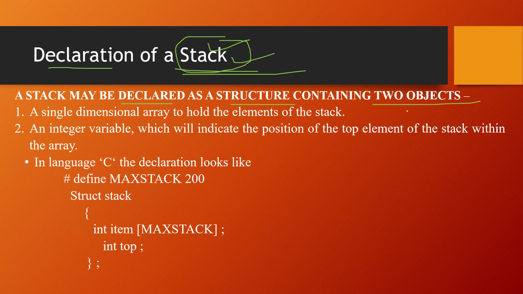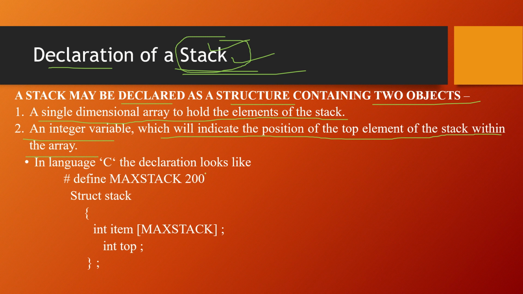I have already told you, that is a single dimensional array to hold the elements of the stack, and an integer variable top which will indicate the position of the top element of the stack within the array.